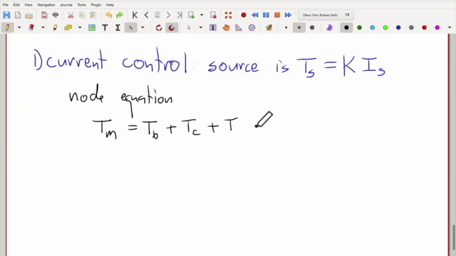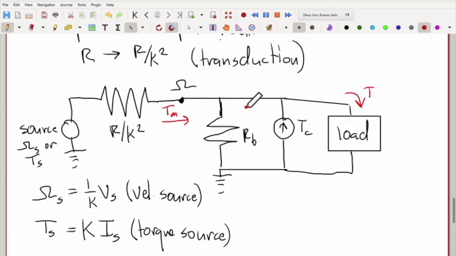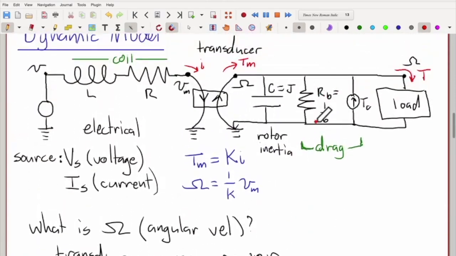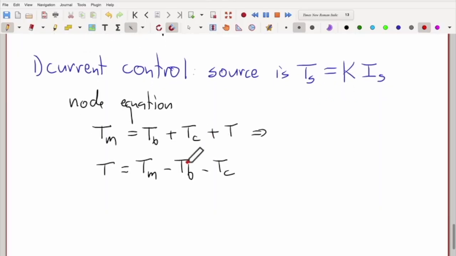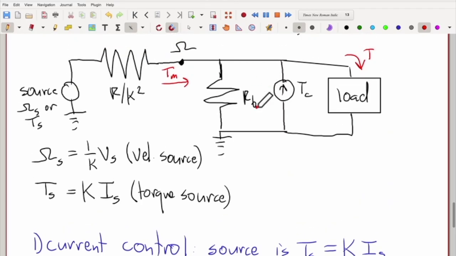Or in other words, T is equal to Tm minus Tb minus Tc. So in many cases, these two sources of drag can be assumed to be small. We want to be aware of them, but we can sometimes neglect them.